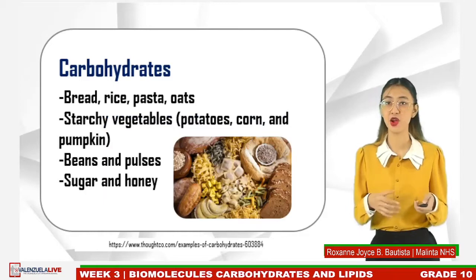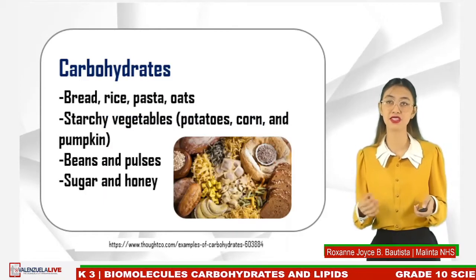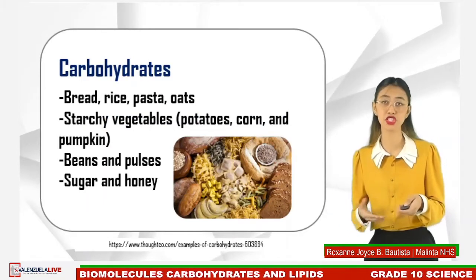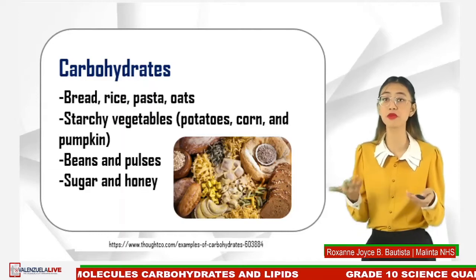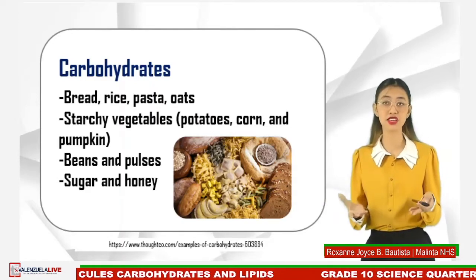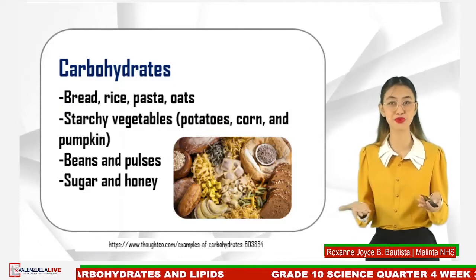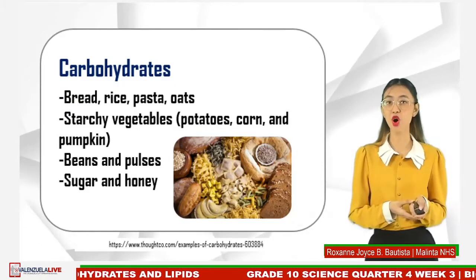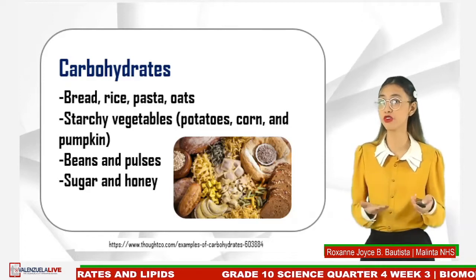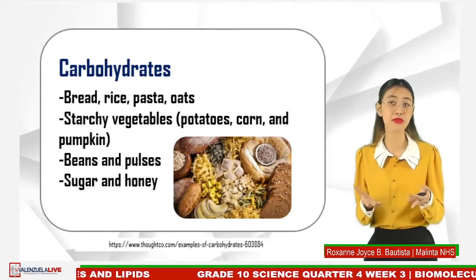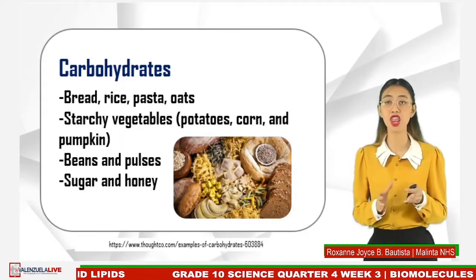Bread, rice, pasta, oats, even starchy vegetables such as potatoes, corns, and pumpkin, beans and pulses, sugar and honey, all of them contain carbs too. Carbohydrates are our body's preferred source of energy, so these macronutrients should make up a lot of our diet.